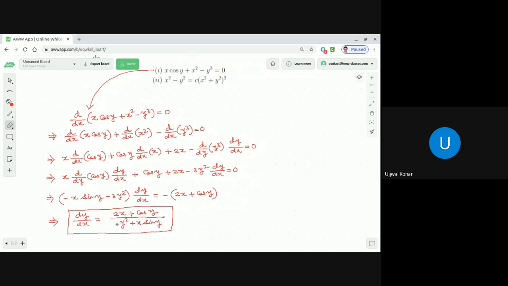Let me write 3 properly. Okay, now let's proceed to the next one. So one question I had: when we do d/dx of cos y, can't we directly do minus sin y? Why do you have to apply chain rule here? Because you know the value of d/dx of cos x, right? We need to go back to our previous classes.